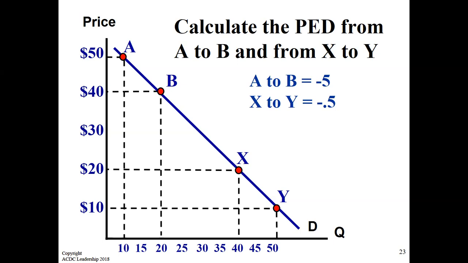Okay. So X and Y. Again, we're doing the quantity, because that's the percentage change in quantity. So it's new minus old over old. What's the new quantity? It's going from X to Y. So the new quantity is 50 over the old, which is 40. So you get 10/40ths. Reduce that, that's a quarter.